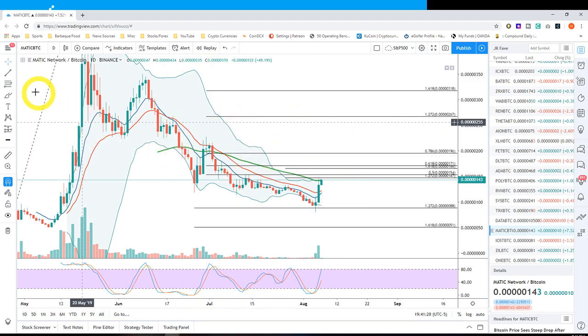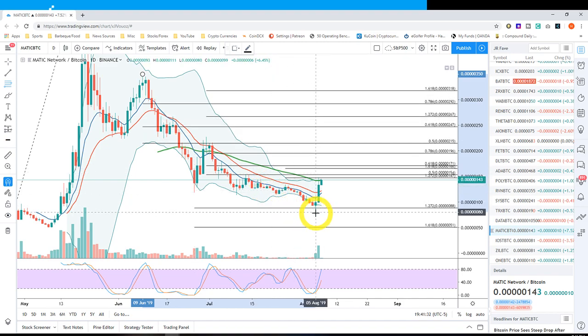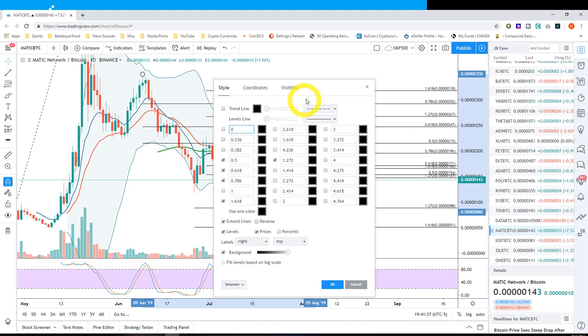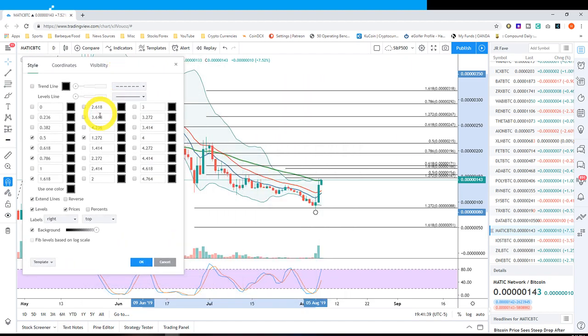Let's draw another one. This high to this low. I mean, it can get a little messy, but you have to play with it, right? All we're after is big support and big resistance. So there's that. Okay, so it's already passed.